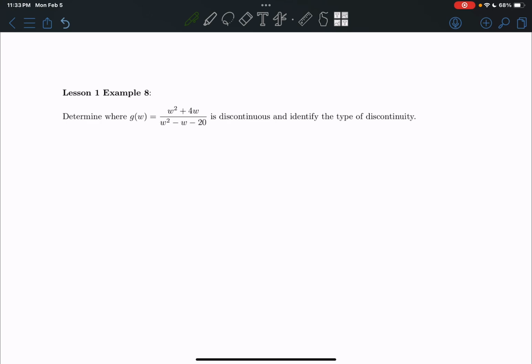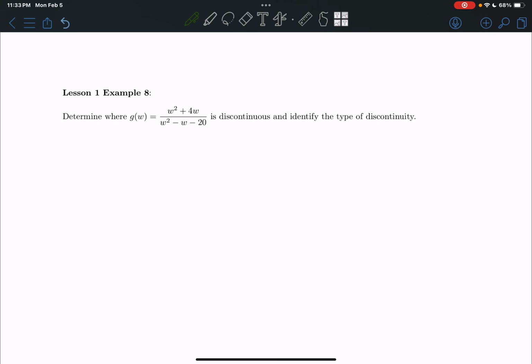To identify discontinuities for a function like this, in one compact form, there are really only two types of discontinuity you will have to work with, because a jump discontinuity rarely comes from one single function. It usually comes from a piecewise function. In this case, we do not have a piecewise function, so we can eliminate that possibility.